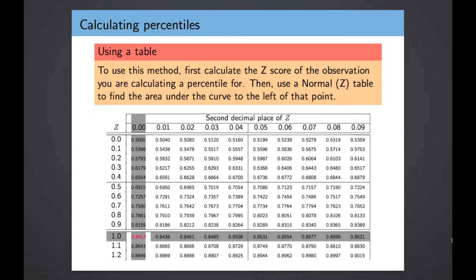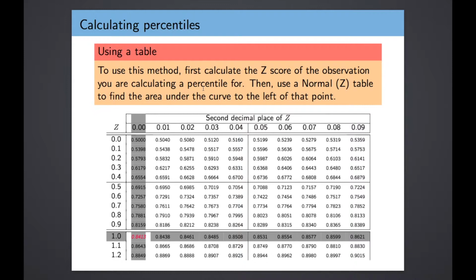So the first thing that we're going to do is go over to this column here, underneath z, and find the first two digits of our z-score, 1.0, and then we follow out to find the second decimal place of the z-score that we're interested in.